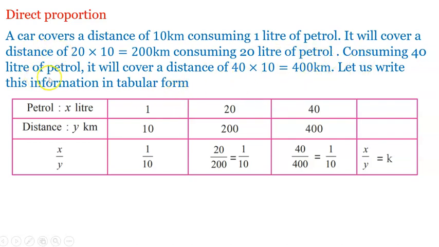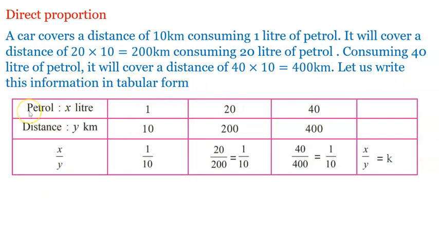Consuming 40 liters of petrol, it will cover a distance of 40 into 10, that is equal to 400 kilometers, because it covers a distance of 10 kilometers in 1 liter, and we have 40 liters of petrol, and hence it will cover a distance of 400 kilometers. Let us write this information in tabular form.